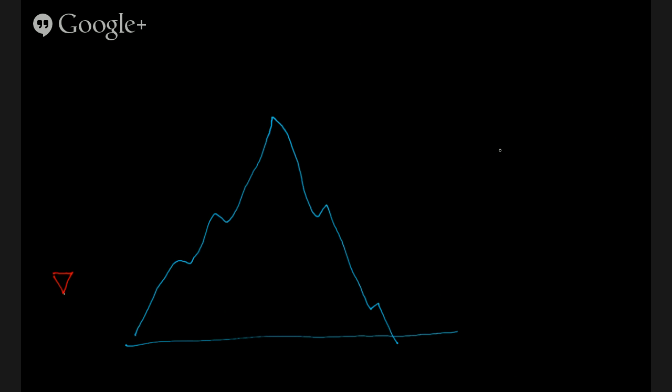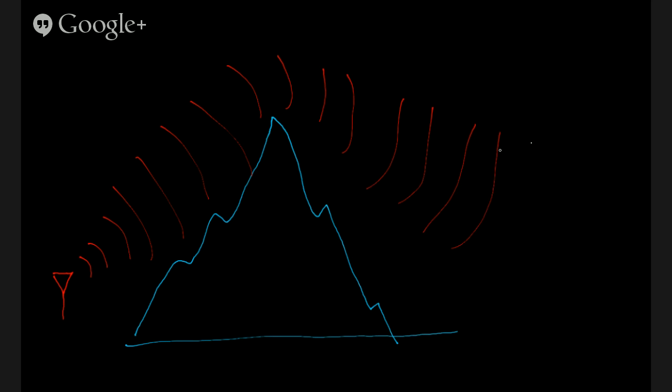We end up with something called knife edge diffraction, where radio waves will be refracted and bent back. We call this knife edge diffraction, excuse me.